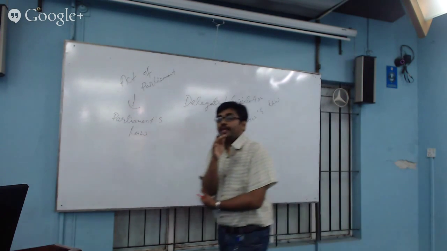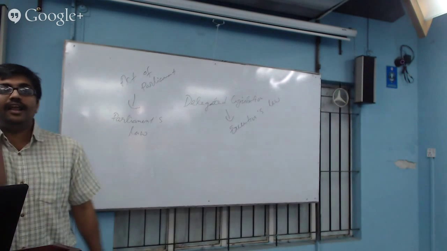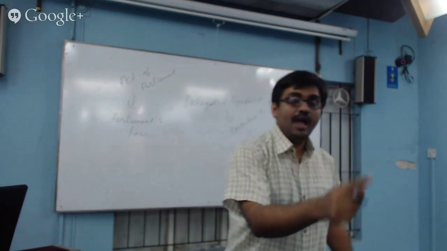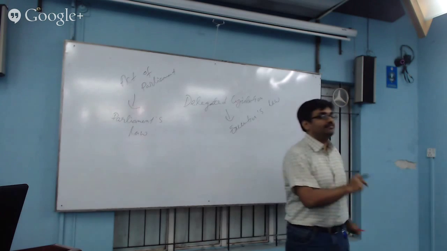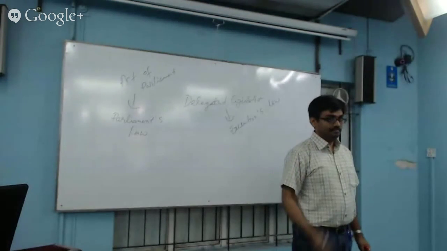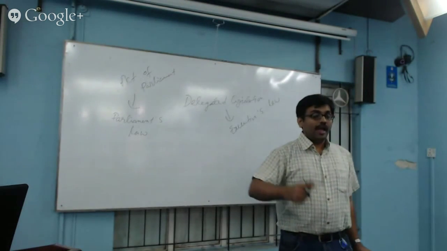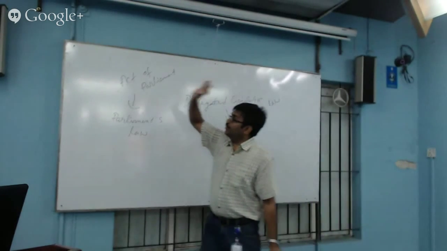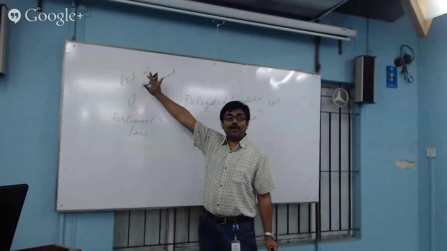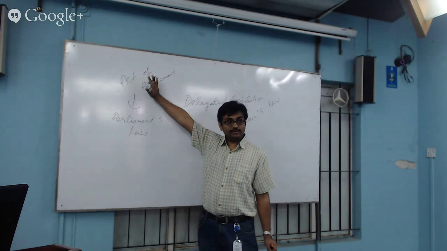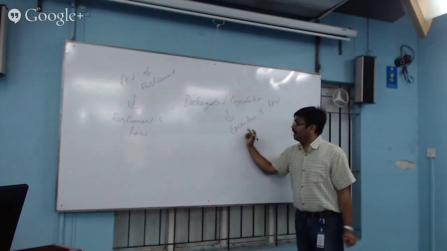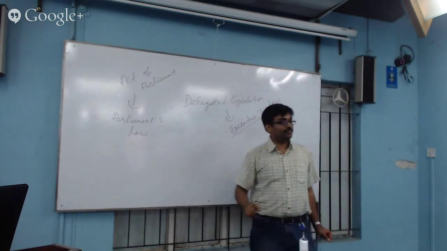Now think, if the lawmaking function lies with the Parliament, how can the executive make that law? That's my question. We are saying that the main lawmaking power is with the Parliament, then how does this body make the law? Separation of powers.